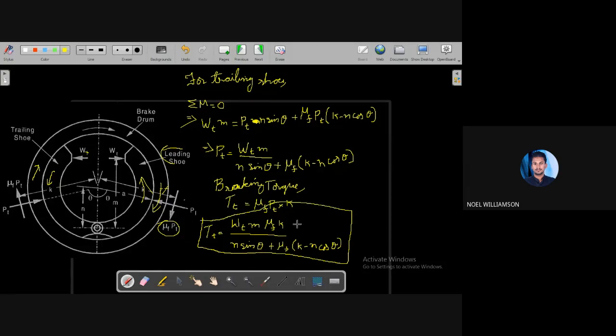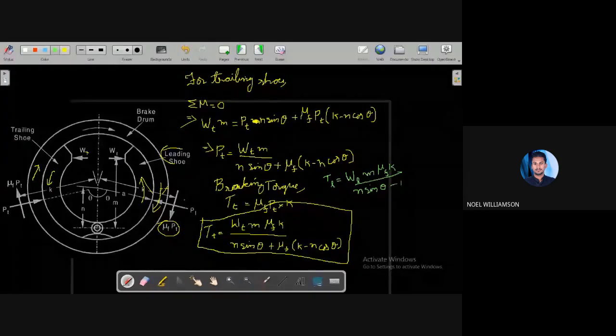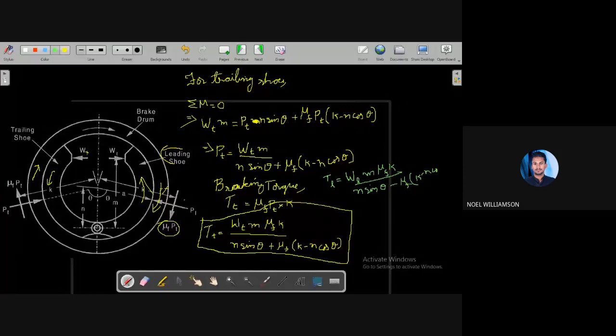And for the earlier case, the leading shoe, it was TL, which is similar, with only a slight variation: WL into M into mu F into K divided by N sin theta minus mu F into K minus N cos theta.